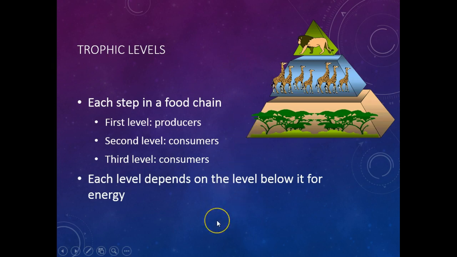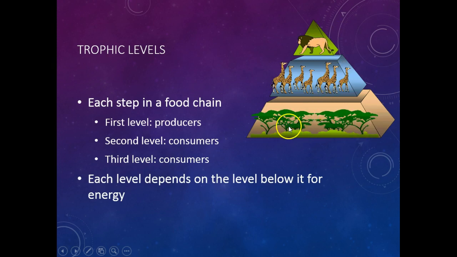Each level depends on the level below it for its energy. What that means is that the giraffes depend on the producers for their food. If we ever lose all of our producers, everything above it gets affected.